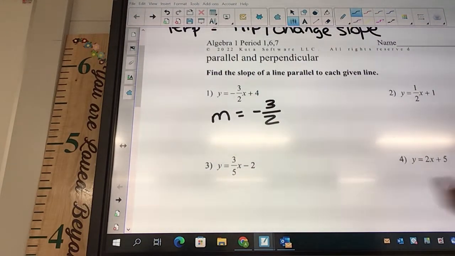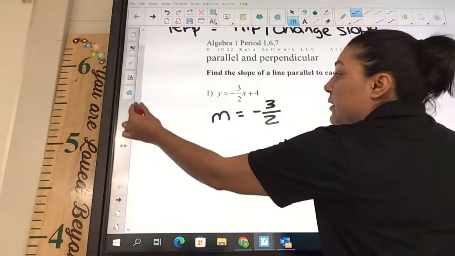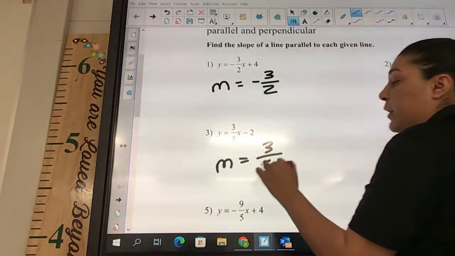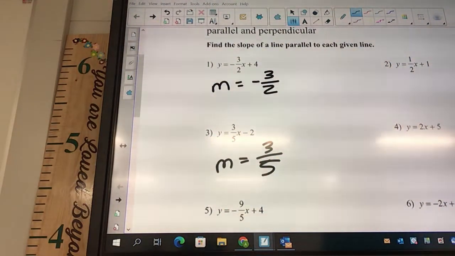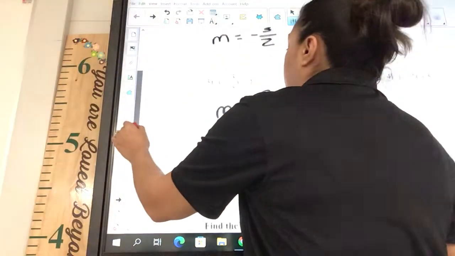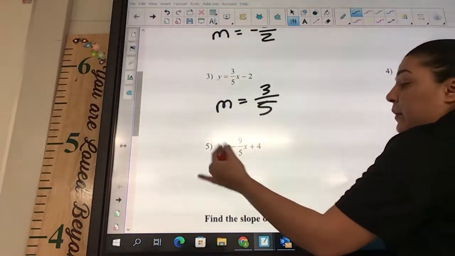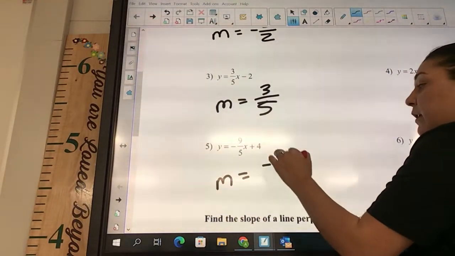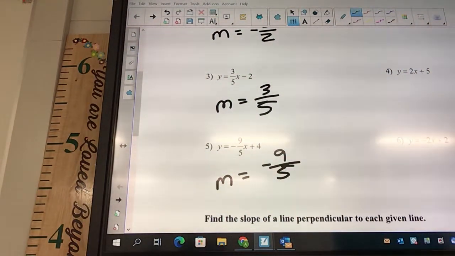If we look at 3, same thing. Our slope is still going to be what? What's our slope? 3 over 5. We keep the same slope. Number 5, still parallel. What's going to be our slope? Negative 9 over 5. Perfect.